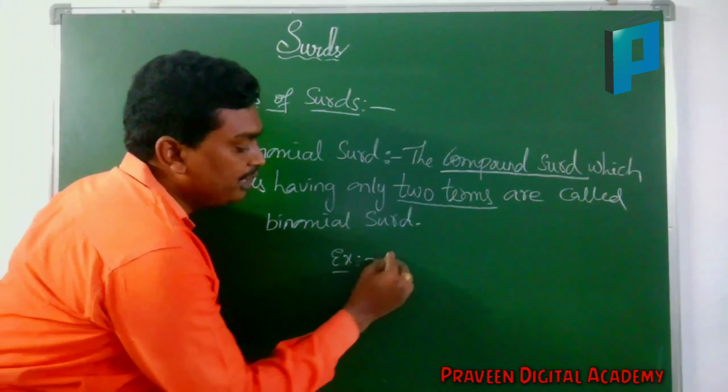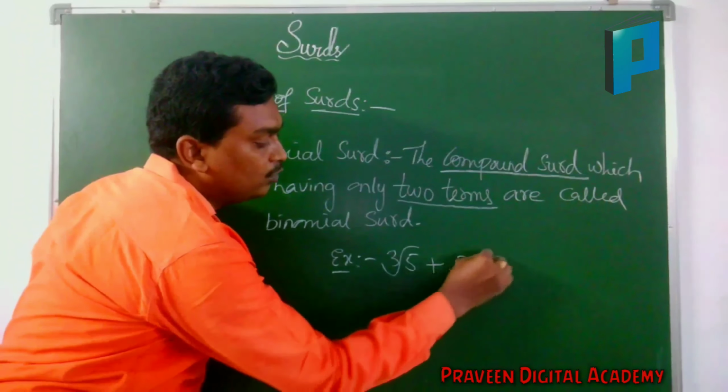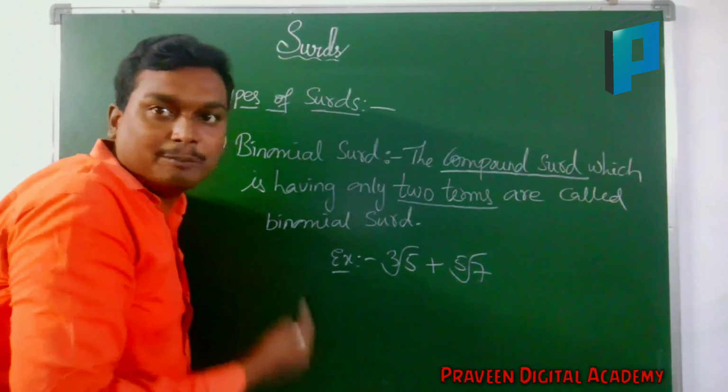Example I will give you here: 3 root 5 plus 5 root 7. Here we are having two surds with plus or minus, and that is called a binomial surd. A binomial surd will have only two terms, one term, two terms, and always the terms are separated by a sign, plus or minus.